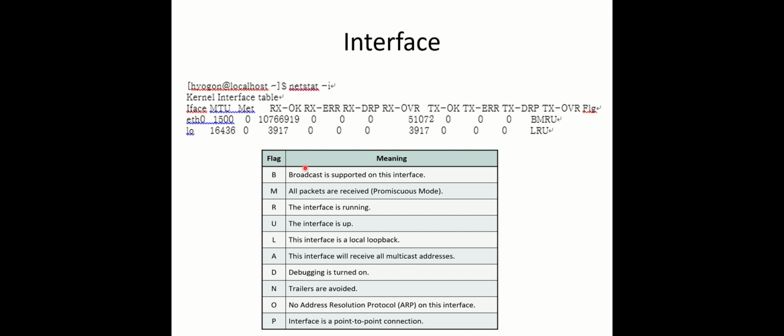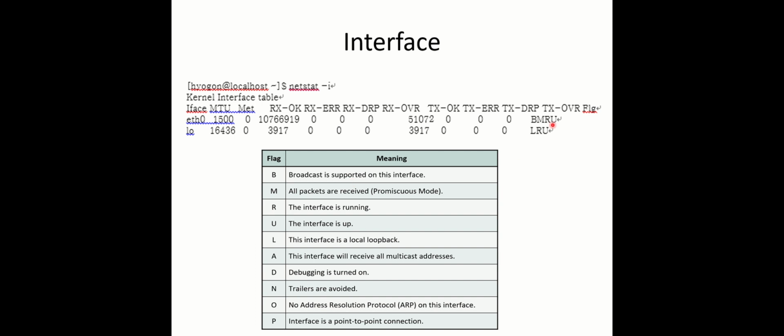And there are flags where the meaning of each of these characters is given in this table. B for the Ethernet interface means broadcast is supported on this interface. It tells us that the Ethernet interface supports broadcast, meaning that it's a shared medium type link.